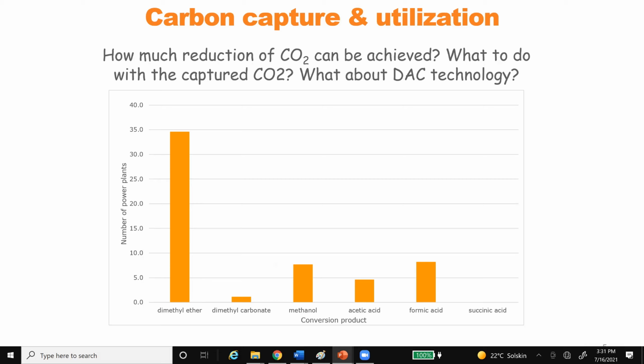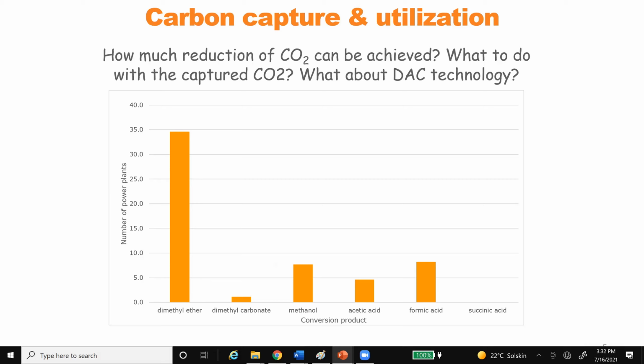It was very disappointing that if we want to produce all the dimethyl ether that is needed at this point on Earth, the CO2 needed for that is equivalent to 35 power plants. That means the CO2 coming out of 35 power plants, if converted into dimethyl ether, would satisfy the world demand. And for the other ones, it's less than 10.